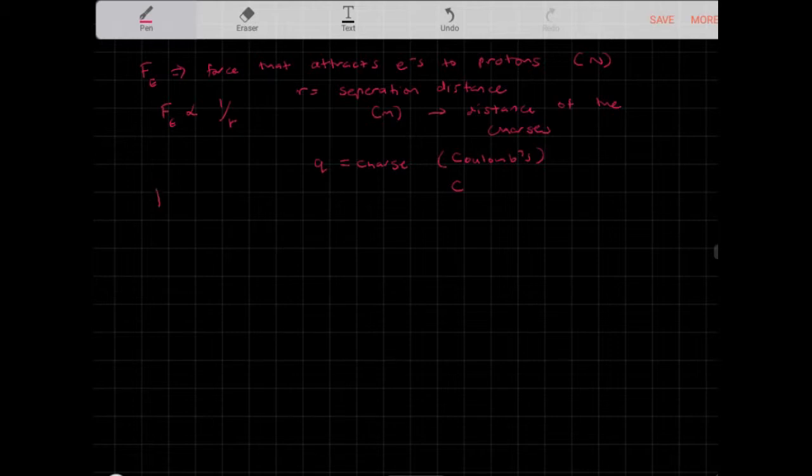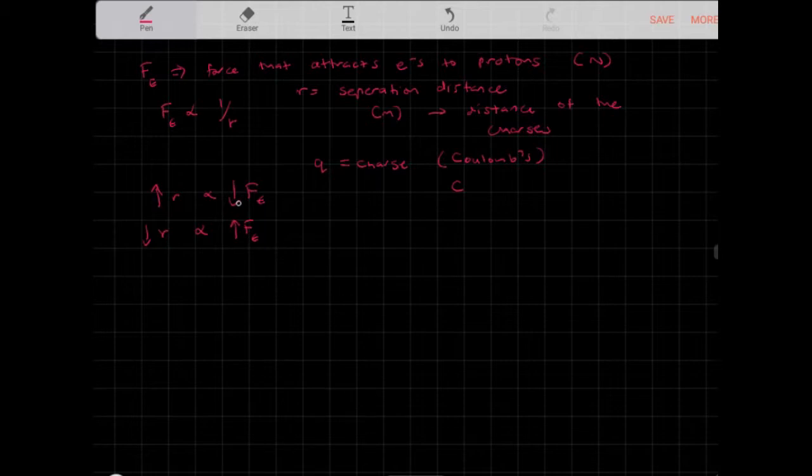Okay, I'm going to explain why when the separation distance increases the force of attraction decreases, and why when the separation distance decreases the force of attraction increases. Well, we know that the force of attraction is going to decrease with a larger distance, because now the electrons are further away from the protons.